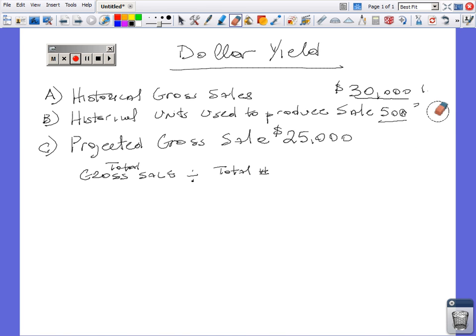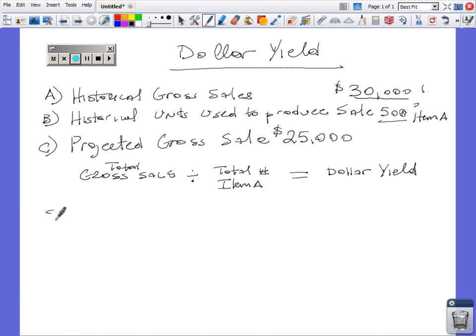So, item A. That's the total number of item A. And what we'll get is the dollar yield, which is how much money one unit of item A will produce.